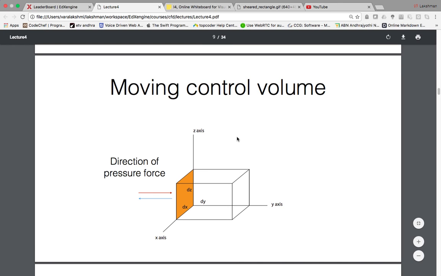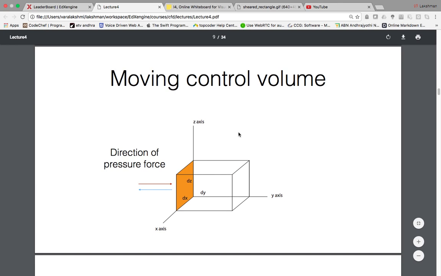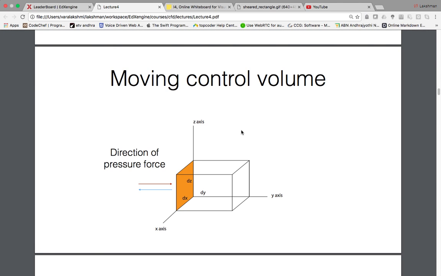Now, looks like in this particular derivation we have considered a moving control volume. In an earlier class, Sarang must have taught about fixed control volume and moving control volume, and he must have derived conservation of mass in both frames of reference, conservative and non-conservative forms, and he must have shown you that both forms are actually one and the same.